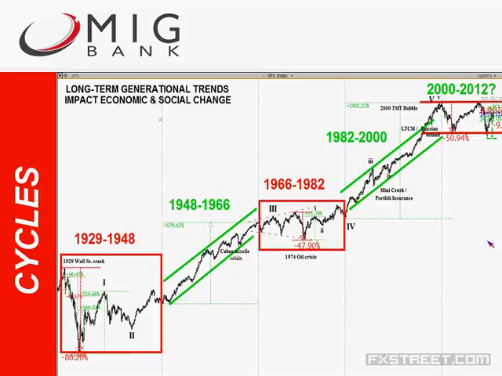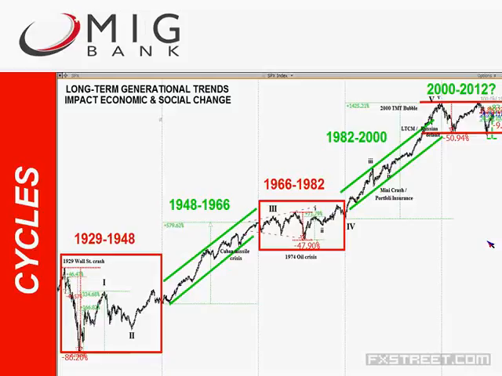Before that, 1982 to 2000, we had a bull market where a lot of markets were rising, a lot of cash was in the market, a lot of good credit. And then before that, various other cycles. Now, is everyone okay with the idea of long-term cycles that exist? They alternate from bullish to bearish.